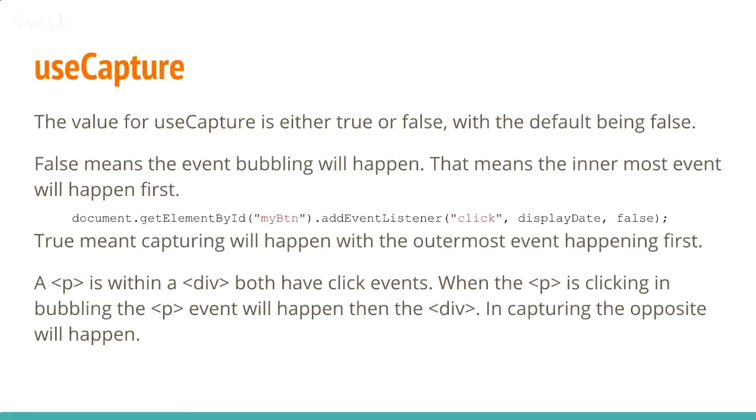If you're bubbling, the paragraph's event will happen first, and then once you've resolved that event, then the div's event will happen next. So if you either leave the false off, have nothing after this display date word, just end it there, or you put false in, then it'll bubble. So it'll start at the paragraph and then go to the div.